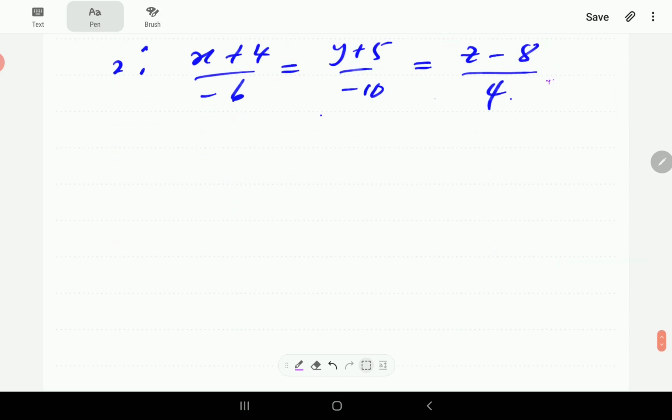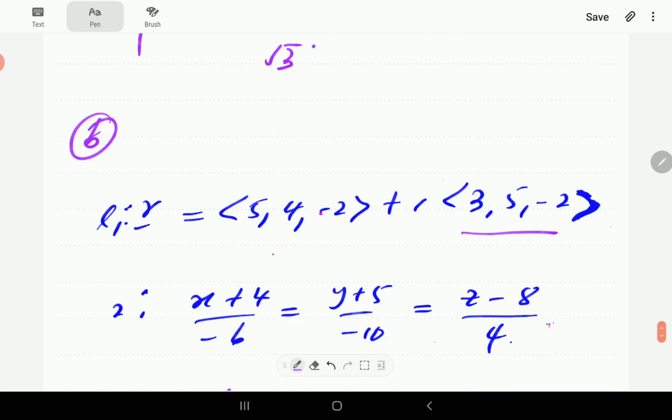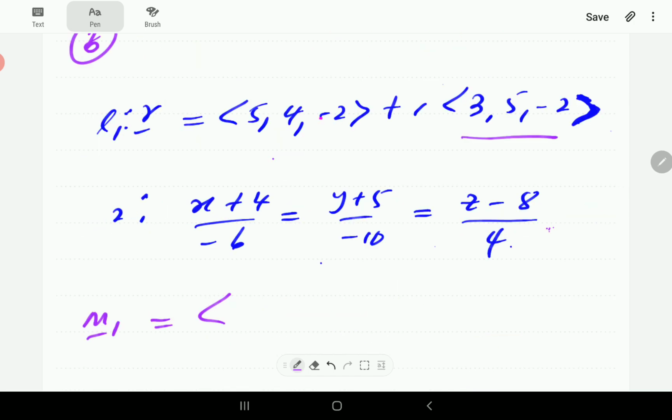So M1 this time is the vector 3, 5, minus 2.